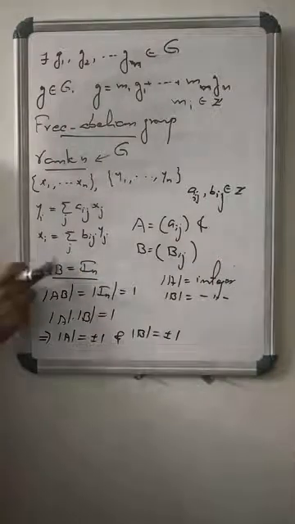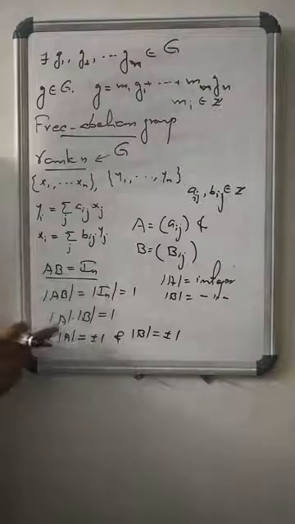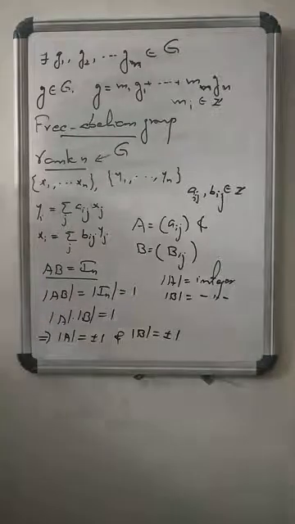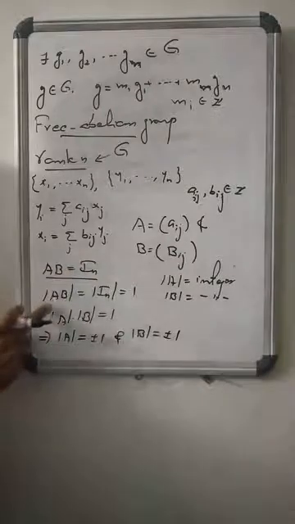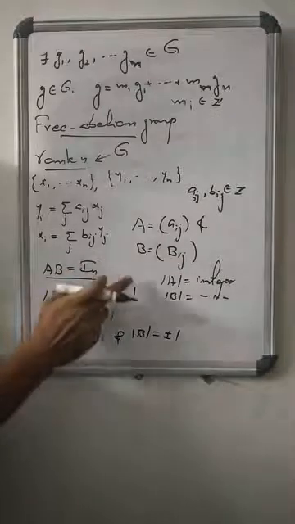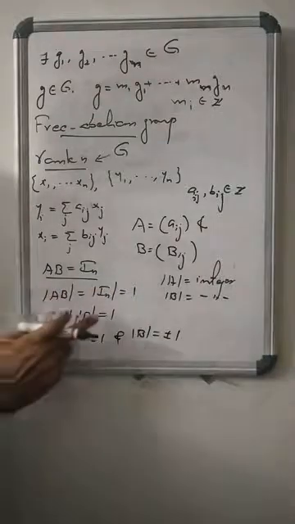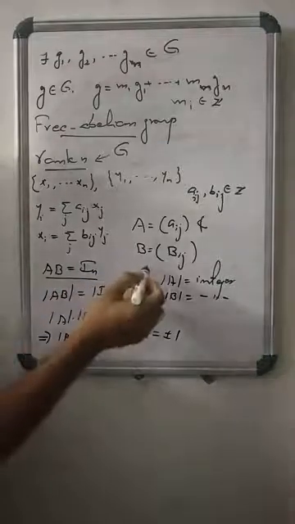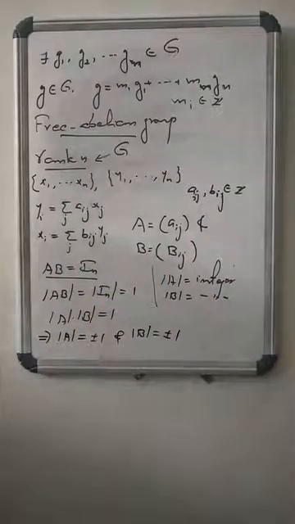Since A and B have integer entries, determinant A and determinant B are integers. When AB equals In, determinant AB is determinant In, which is 1 irrespective of order. Then determinant A into determinant B is 1, but they are integers. Hence determinant A is plus or minus 1 as well as determinant B is plus or minus 1.